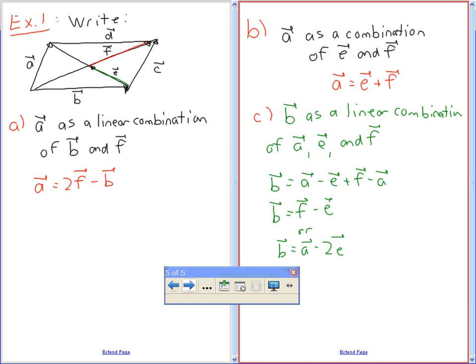You don't have to use all of them. Technically, a linear combination can include 0 as a coefficient, because 0 is an integer, right? So it is technically a linear combination involving F for that bottom one, it just has to be 0. So I'll accept B equals A minus 2E, or F minus E plus 0A.